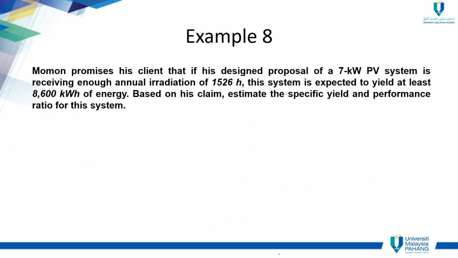Okay, last. There is one more last example, 47. Mormon promises his client that if his design proposal of a 7 kilowatt peak system is receiving enough annual irradiation of 1526, which is the PSHPA, this system is expected to yield at least 8,600 kilowatt hour.